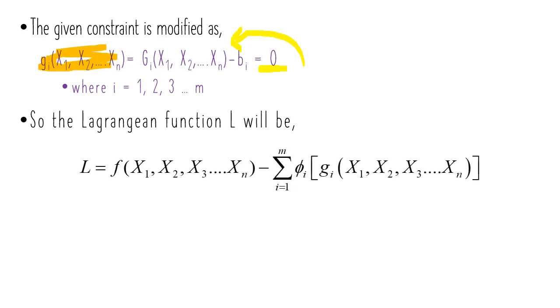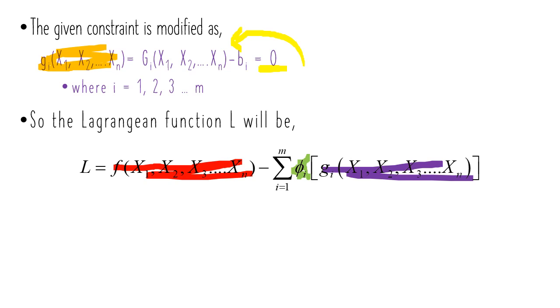L will be equal to f of x1, x2, x3 up to xn, which is nothing but my objective function, minus the summation of phi i, the Lagrangian multiplier, times small gi of x1, x2 up to xn. You can see that this gi is what we discussed at the top, in small letters, where I bring everything to the left hand side as a single term.